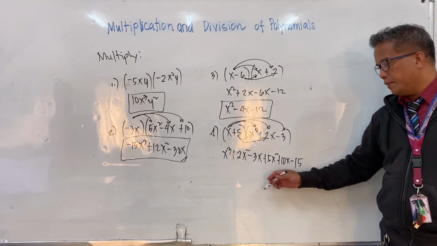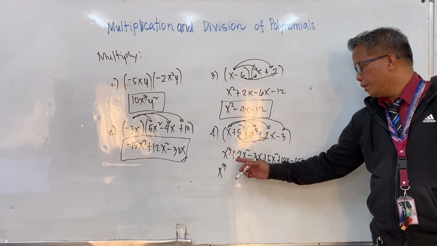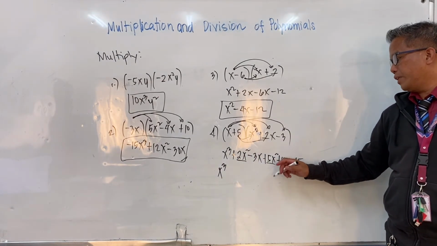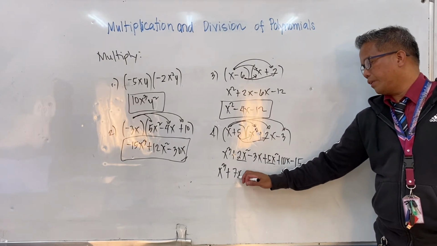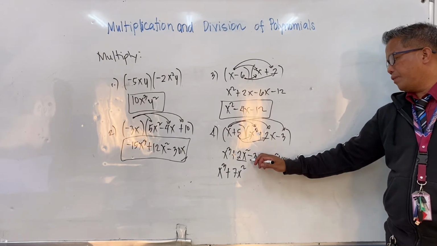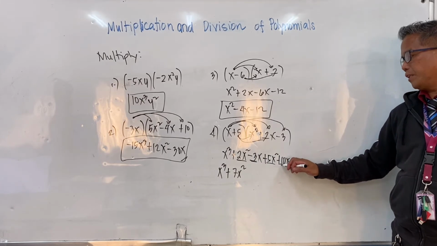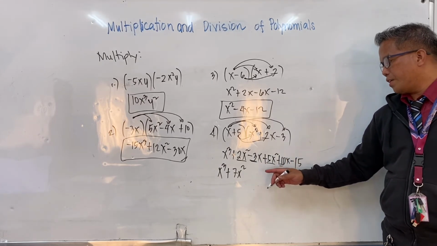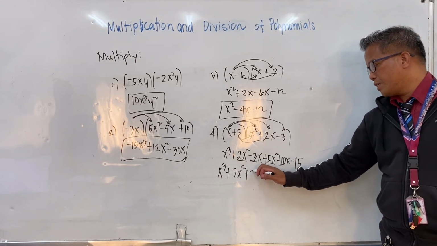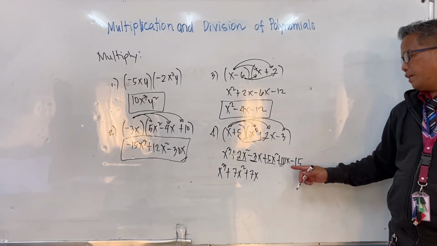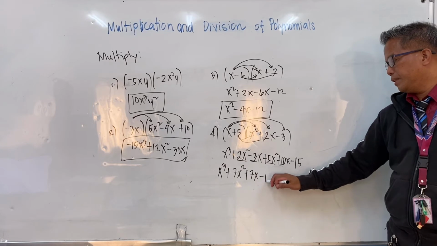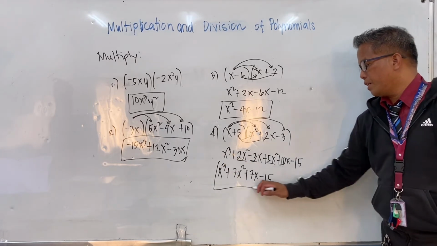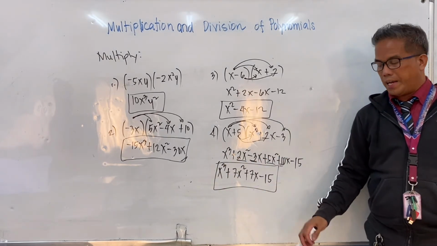There's no common, so just copy. 2x squared, 5x squared, so this is addition. The answer is 7x squared. Negative 3x, positive 10x, so the answer is 7x. Then minus 15. So this is now the final answer.